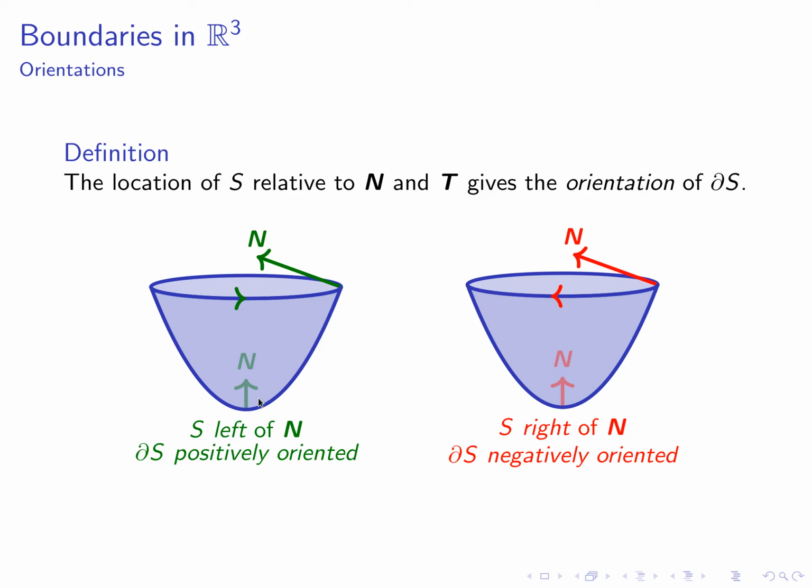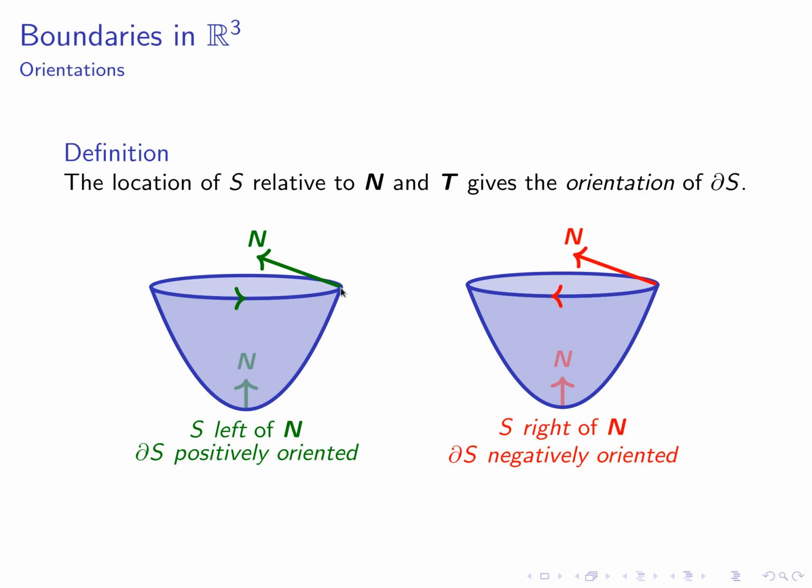And when we drag the standard normal out to the boundary of this paraboloid, the standard normal is sort of pointing into the surface. And the idea is that at that point, in the configuration here on the left, the unit tangent is sort of pointing into the figure.